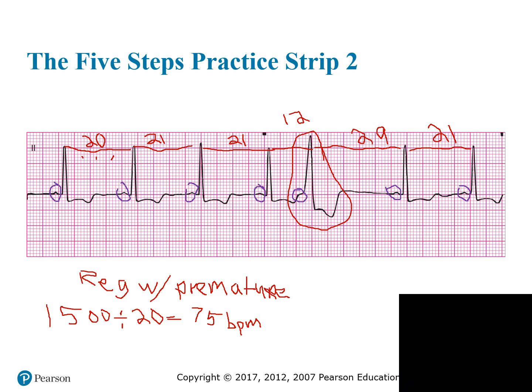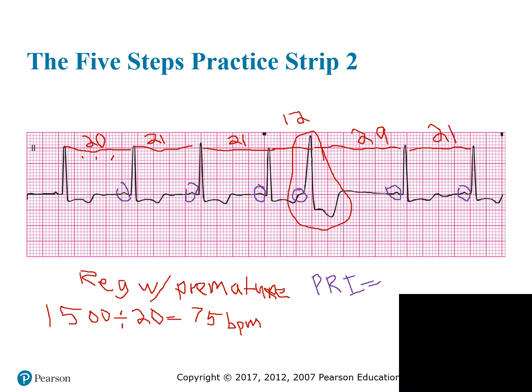So next we have to figure out our PR interval, correct? PRI, our PR interval. So I'm going to erase this here.